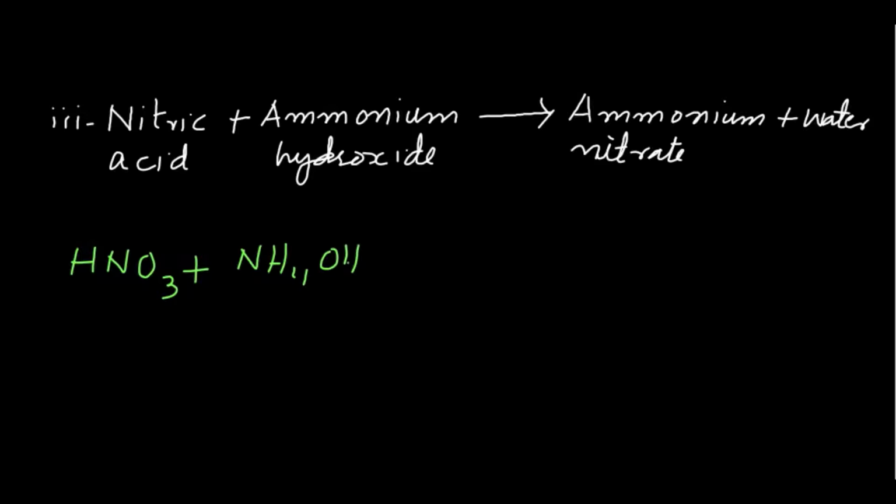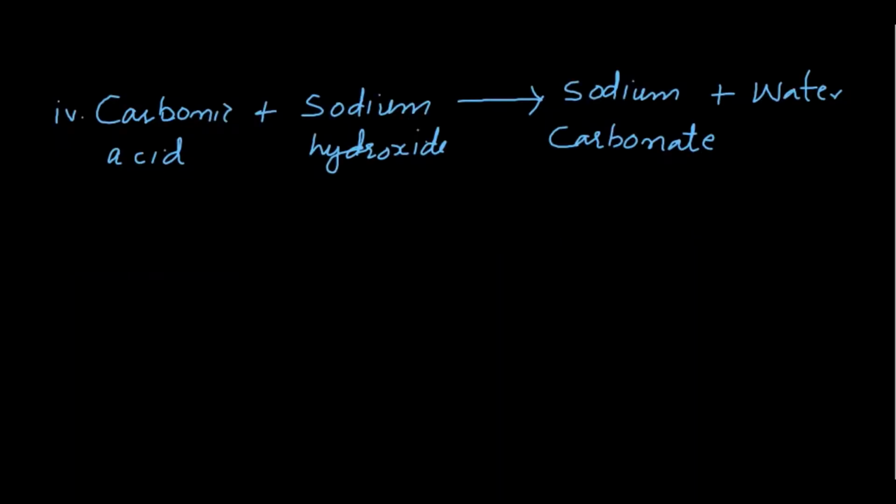This is ammonium hydroxide. When nitric acid reacts with ammonium hydroxide, we get ammonium nitrate, NH4NO3, plus water, H2O. So this is the balanced chemical equation for the reaction of nitric acid and ammonium hydroxide to form ammonium nitrate and water.